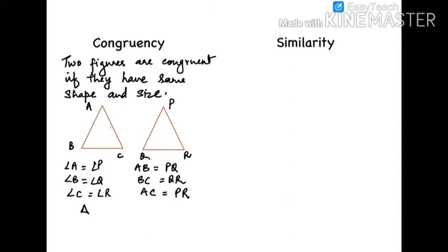And we say that triangle ABC is congruent to triangle PQR, keeping the order of congruency. A corresponding to P, B corresponding to Q and C corresponding to R. So the order of congruency is maintained. The symbol for congruency is a sleeping S with an equal to sign.